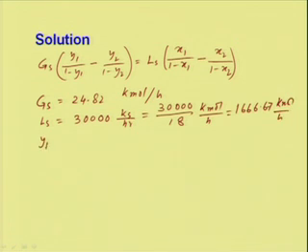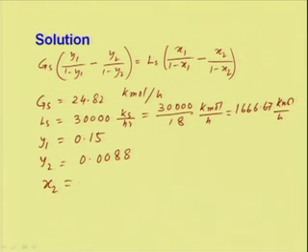y1 is given, which is 0.15, y2 we have calculated as 0.0088, and pure water is used to absorb SO2, so x2 is 0.